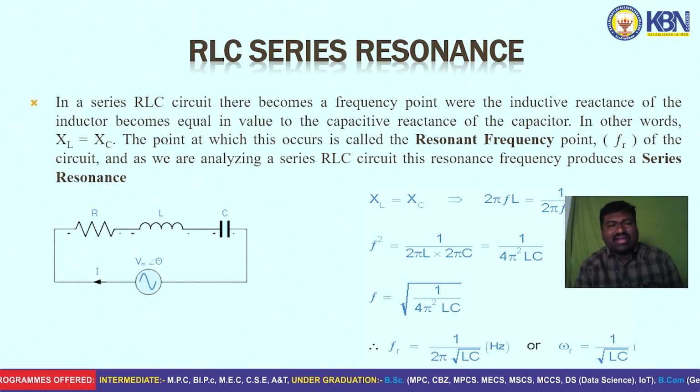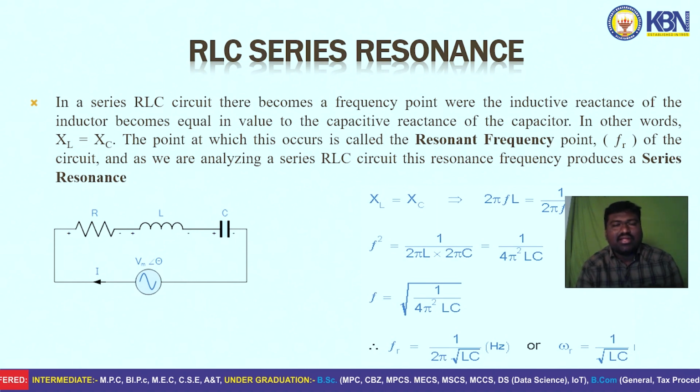Here the resistor, inductor, and capacitor are all connected in series combination with an AC signal, that means E equals E0 sin omega t. The circuit is resonant when the inductive reactance is equal to the capacitive reactance.